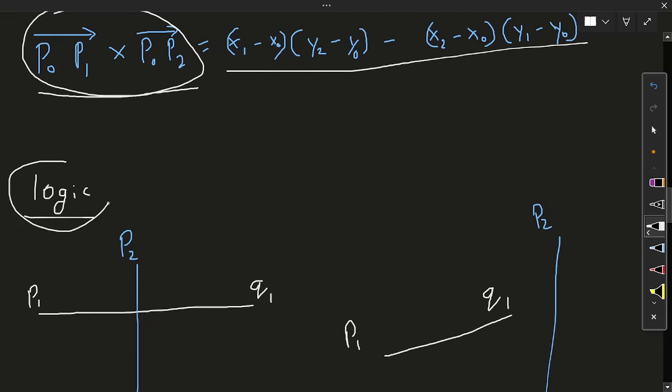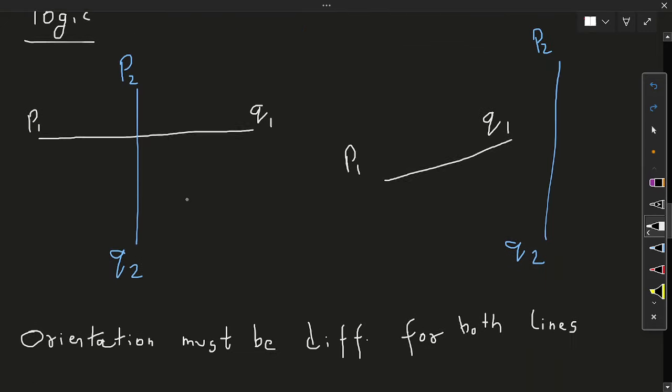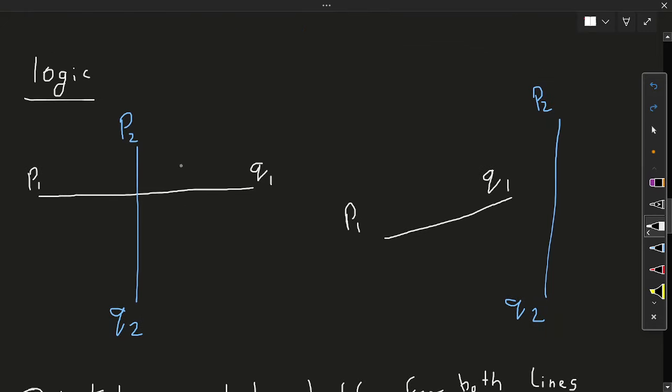So what's the logic behind positive and negative? If we have these lines, so this is the intersection. To reach Q2 from the line P1Q1, we have to move in the clockwise direction, and to reach P2 we have to move in the anti-clockwise direction.